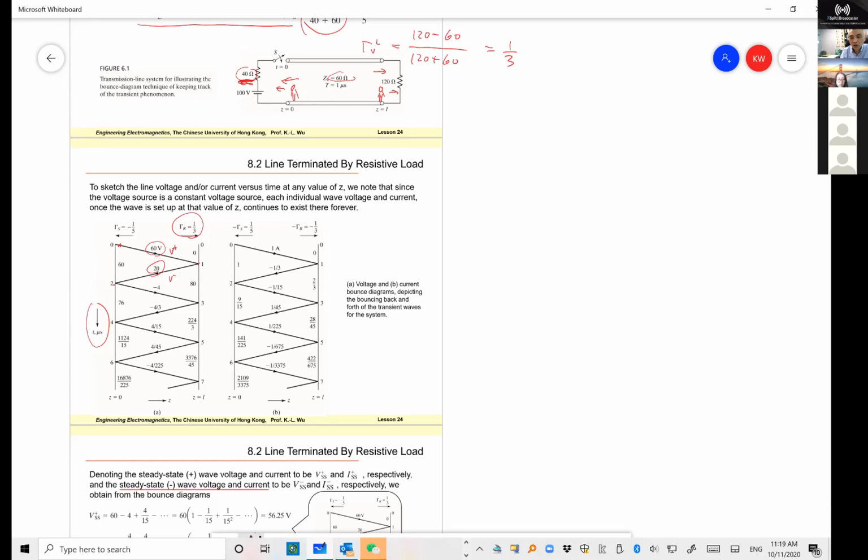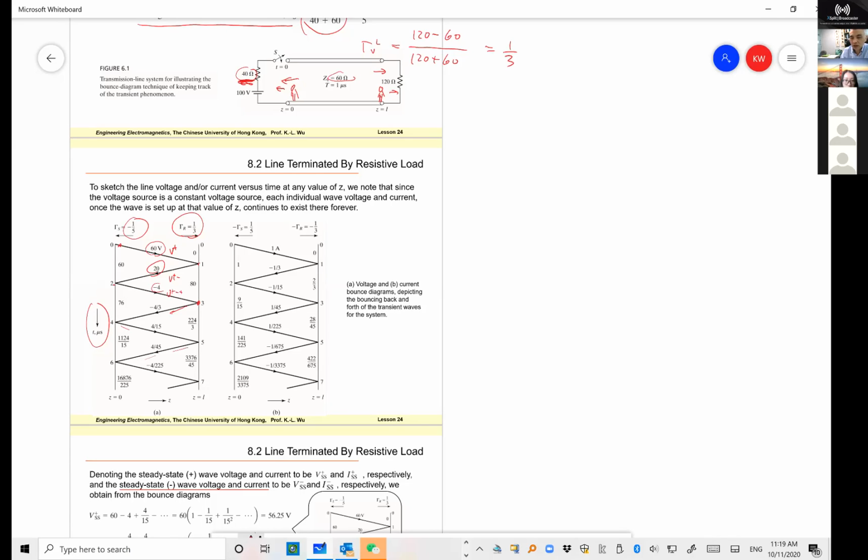So 20 volts multiplied by minus 1/5 is this. Sorry, this should be plus minus plus, right? Then you hit the load and multiply by the 1/3 reflection coefficient, reflect back again.